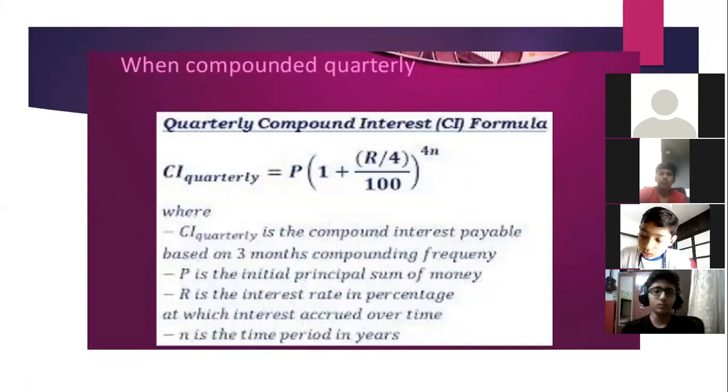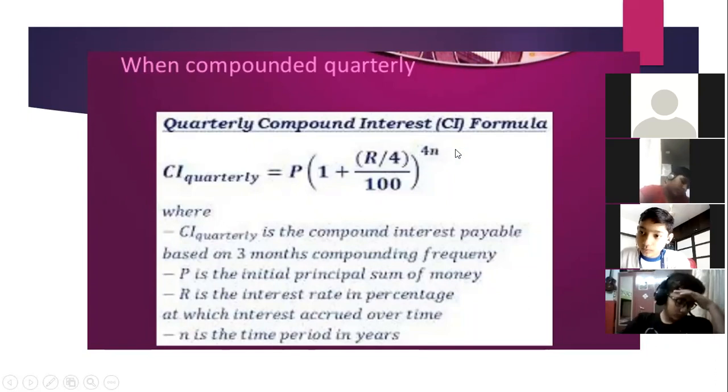My principal gets affected after the 3rd month only. Then again for the next 3 months, I calculated, and again my principal got affected. So that is why if my rate is given for 1 complete year, I divide that rate by 4. Just remember that quarterly means 4. So your rate will get divided by 4 and time will get multiplied by 4.